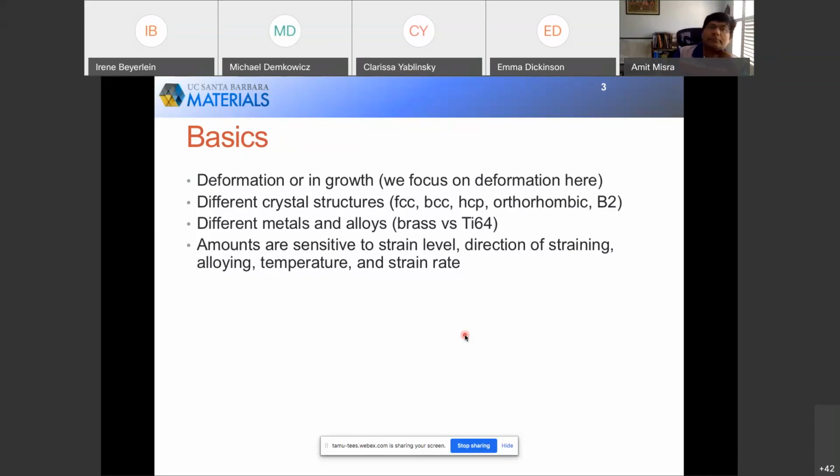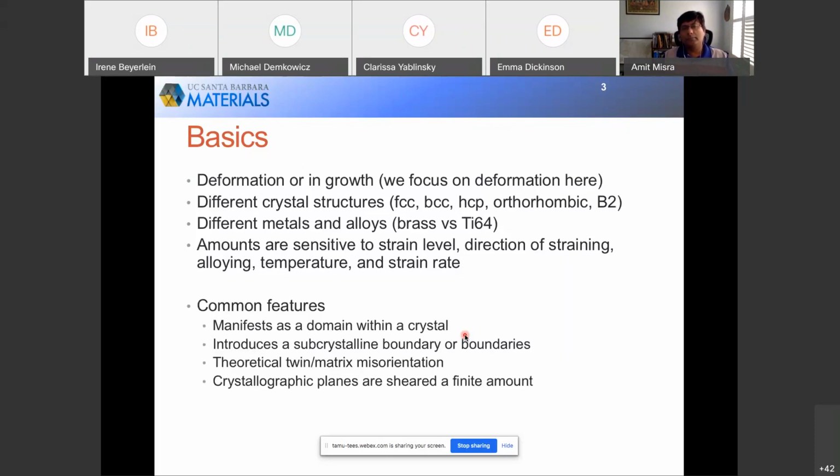We're not at the stage in understanding as to knowing why certain materials would twin more than others as the strain rate would change, as the direction of straining would change, etc. In one material you may test it at one temperature, one strain rate, and not see twins, but that doesn't mean that at another temperature, another strain rate, it would not twin. So it's very sensitive to these applied loading conditions.